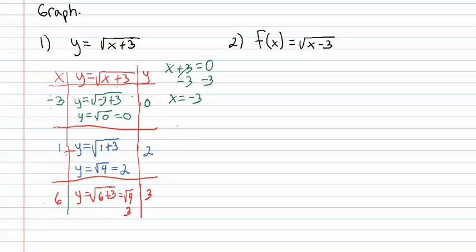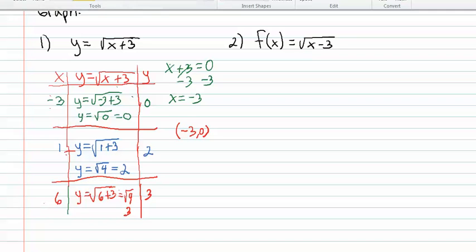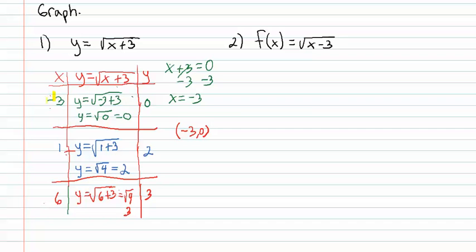So now my ordered pairs are -3, 0. That is this one right here. And then I have 1 and 2.